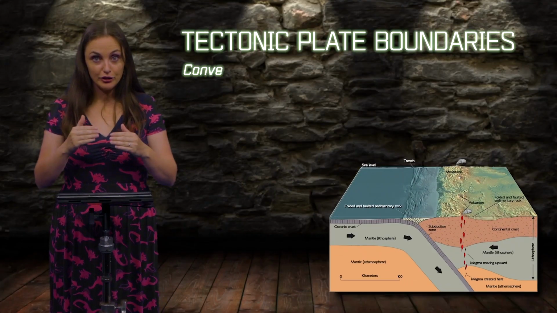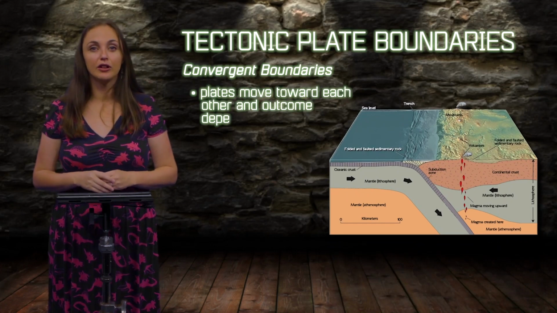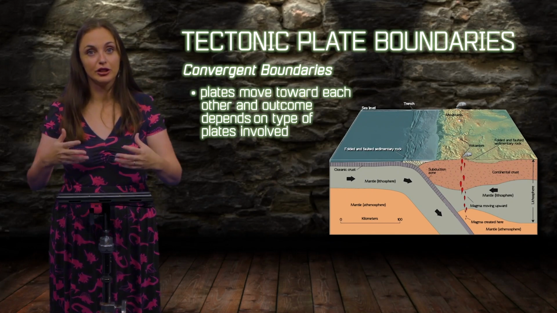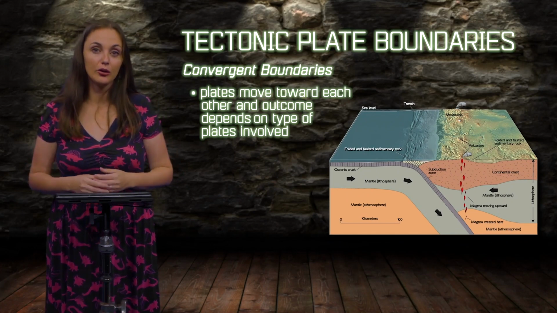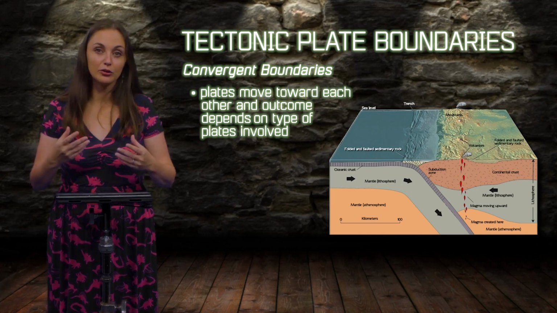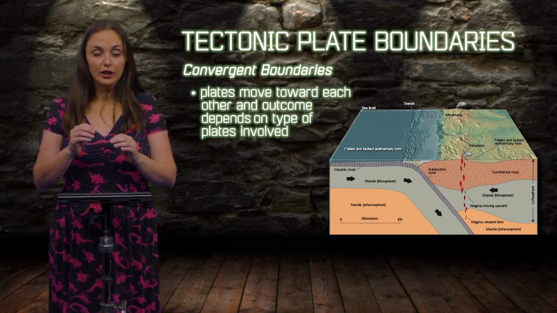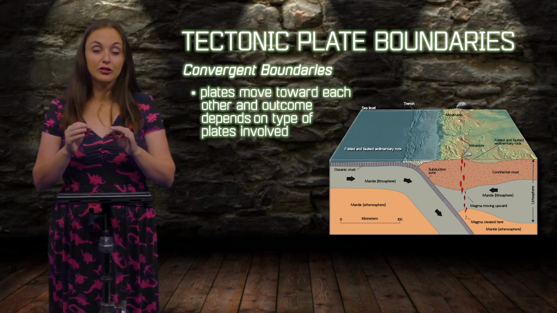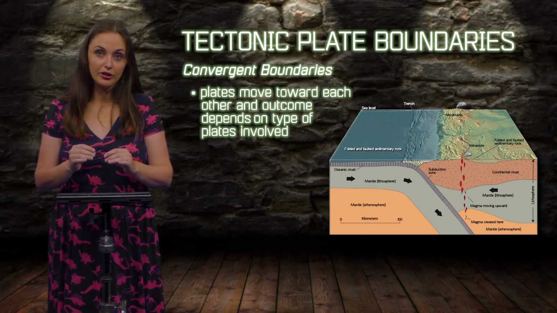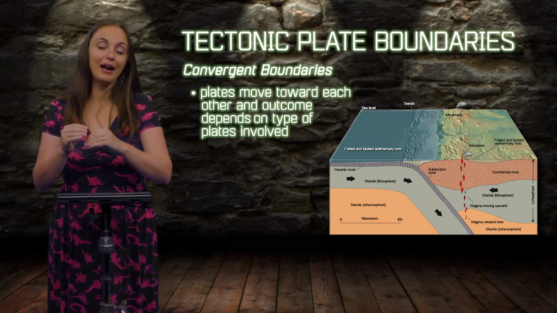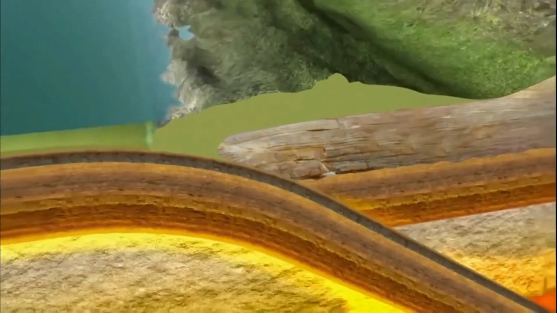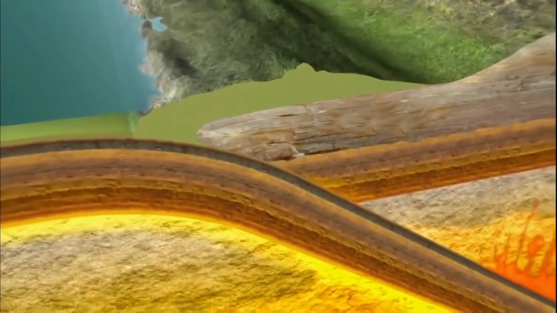So at a convergent plate boundary, most of the tangible physical geologic features are going to be created, things like volcanoes and mountains. Now, when you're dealing with convergent plate boundaries, sometimes some of this crust is going to actually end up sinking back down into the mantle. This is the destructive part of the plate tectonic cycle.